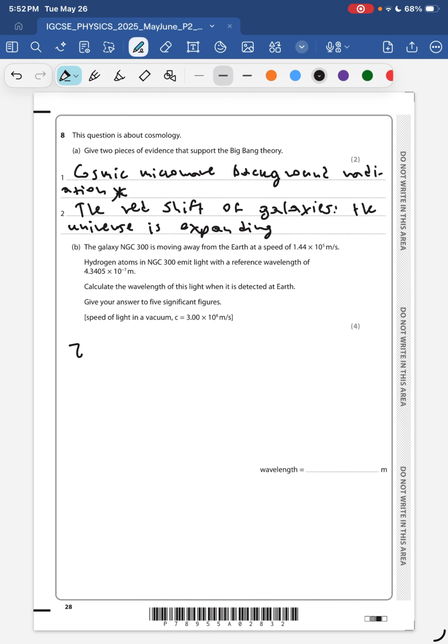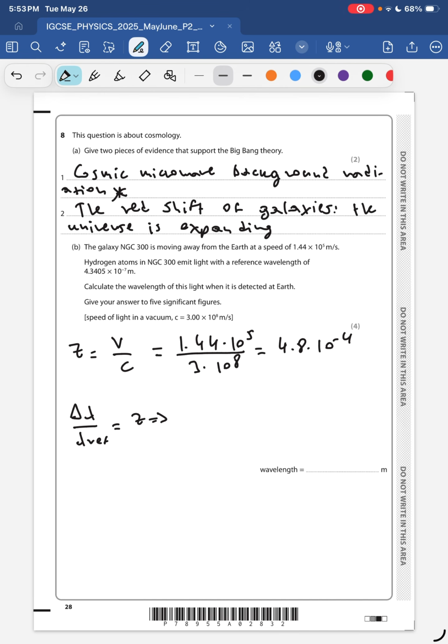Okay, so let's calculate the z factor. So that's the velocity of the galaxy over the speed of light. So 1.44 times 10 to the 5 over 3 times 10 to the 8. Okay, so that's 4.8 times 10 to the negative 4. So this z is equal to delta lambda over lambda reference, and delta lambda is lambda minus lambda reference, and this should be equal to z times lambda reference.